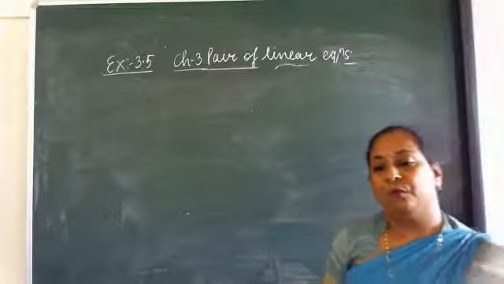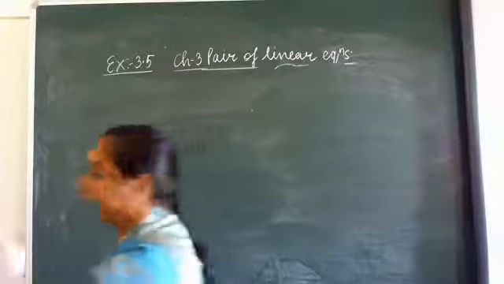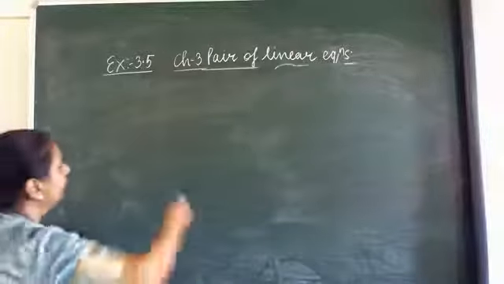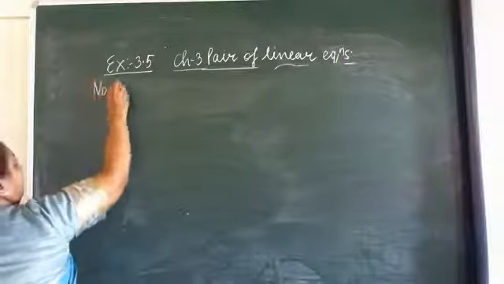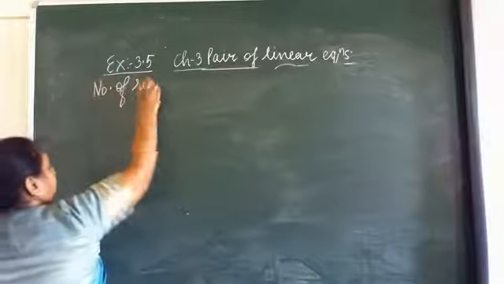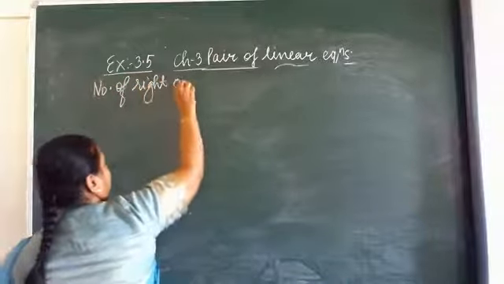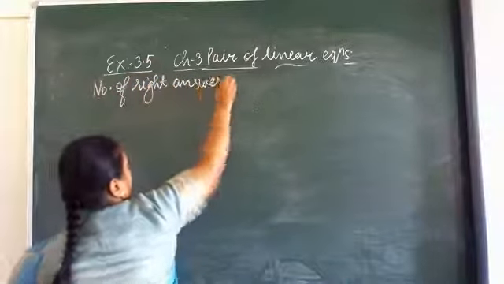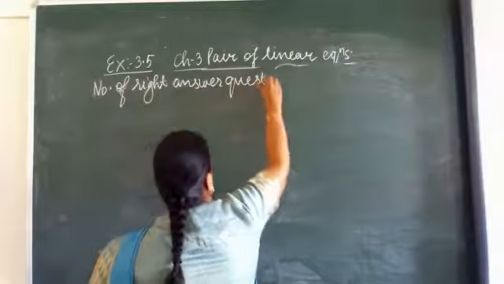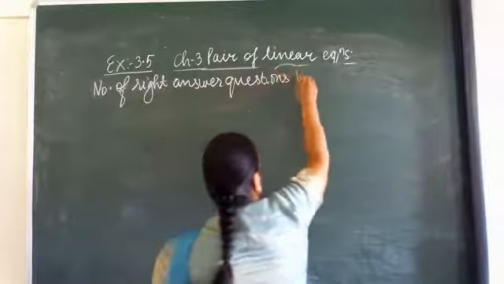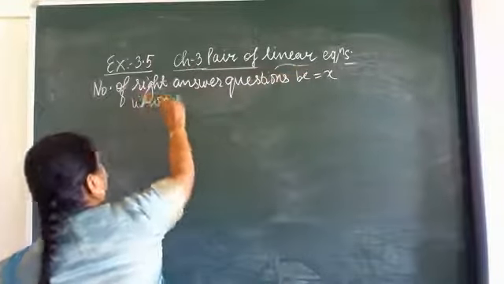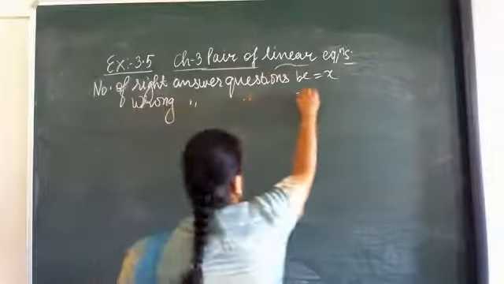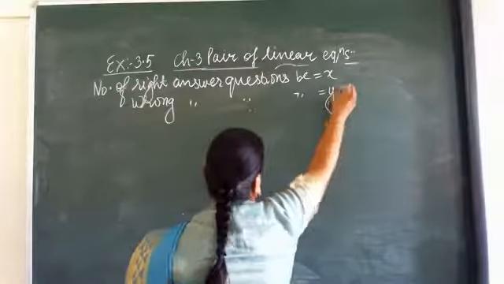So for the total number of questions, we have to suppose the number of right answer questions be x and wrong answer be y.